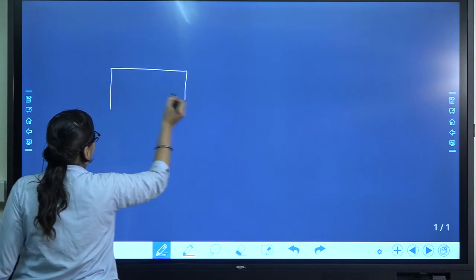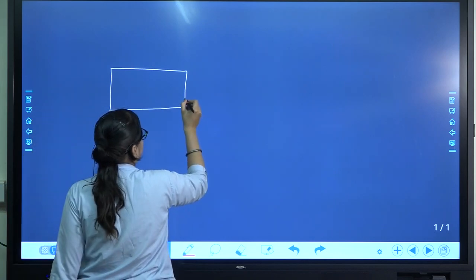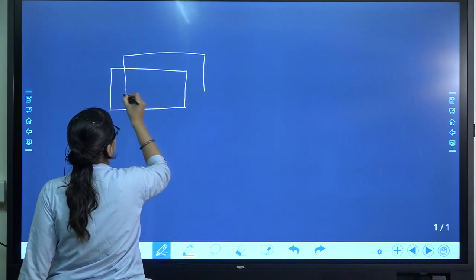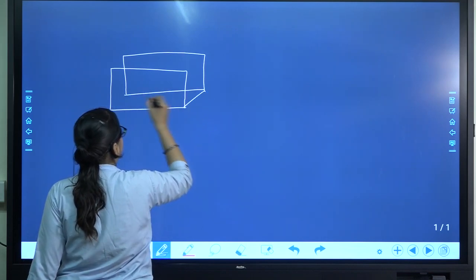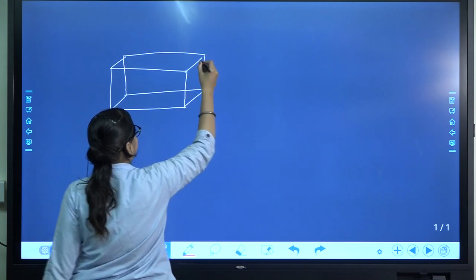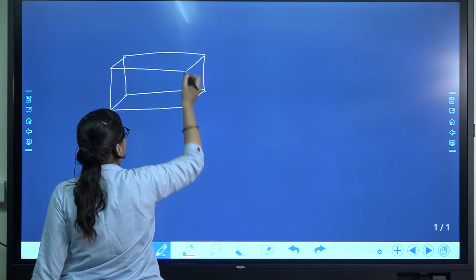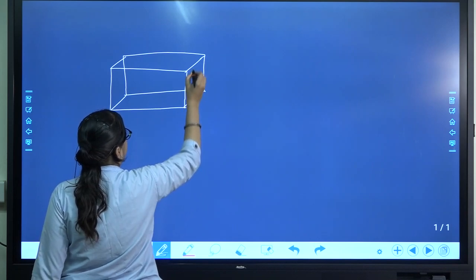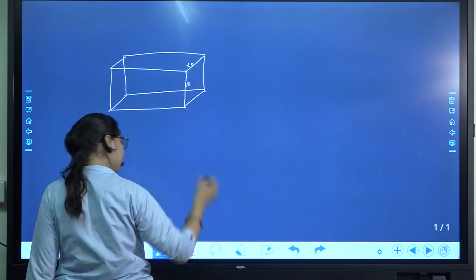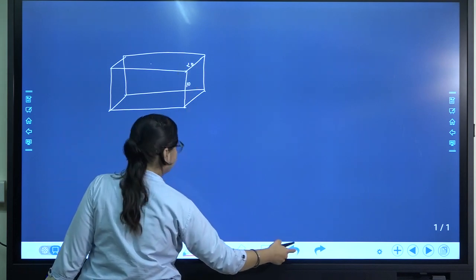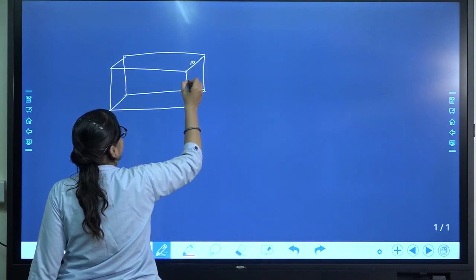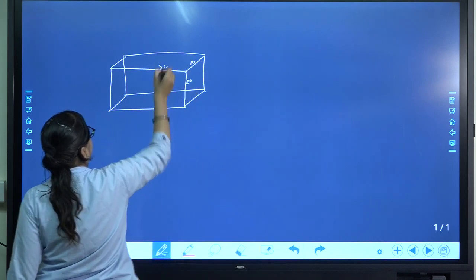There is a cubical box whose dimensions are 10, 20 and 30.